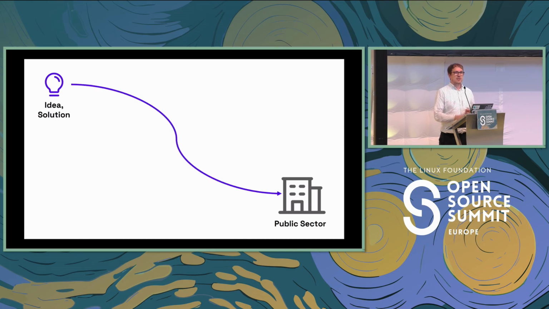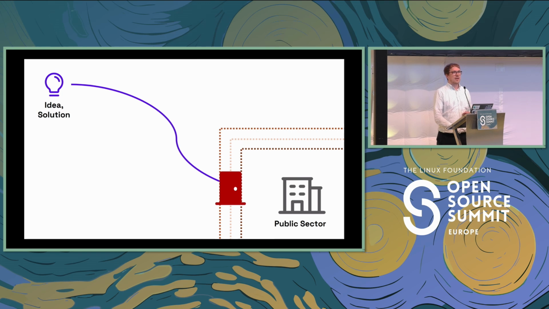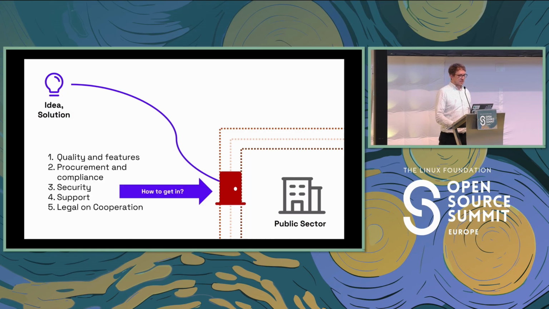The main question is, how do I get those solutions into common use in the public sector? If you're coming from the field or dealing with such projects, you often realize there's somehow a door and you don't really know how to get through it. Many questions came up regarding the quality and criteria of the solutions, which I need to address before I have a chance of offering them to the public sector.